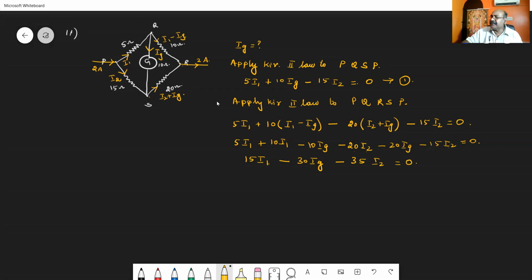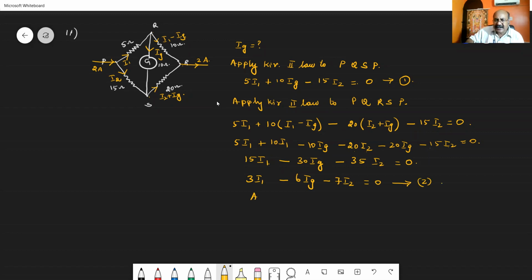You can divide this by 5 and write 3I1 minus 6Ig minus 7I2 is equal to 0. Let us take this as equation number 2.